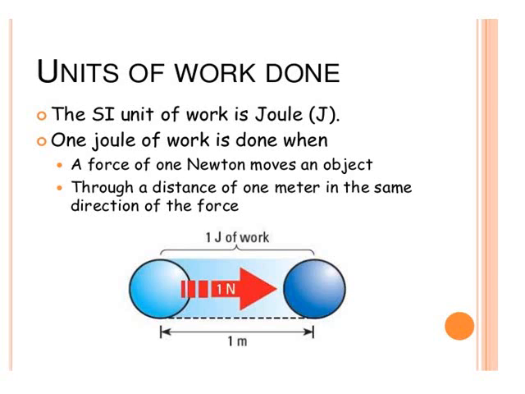So this definition of joule is a very important definition. How will you define a joule? A joule is the SI unit of work. 1 joule of work is done when a force of 1 Newton moves an object through a distance of 1 meter in the direction of the force.